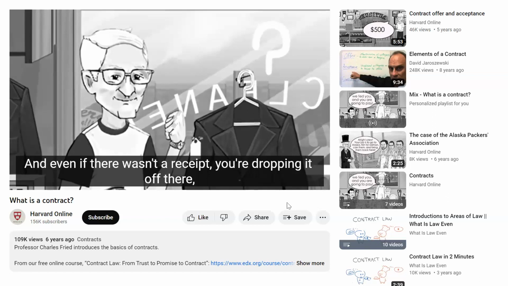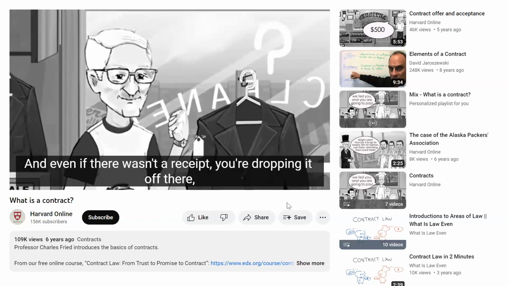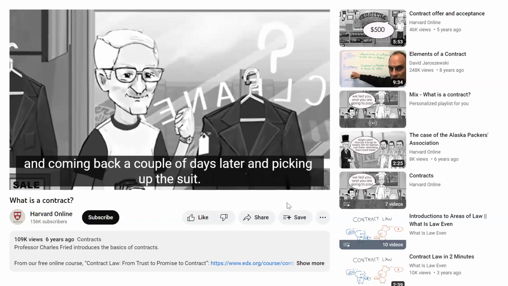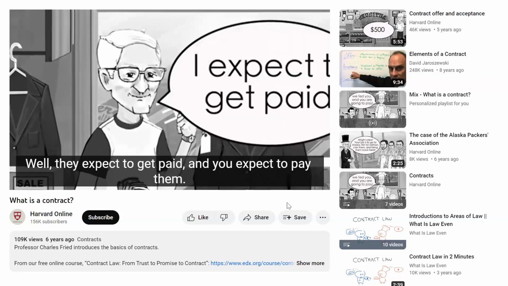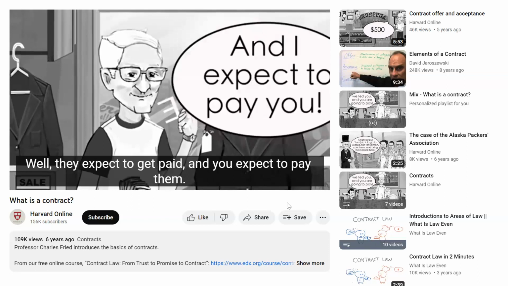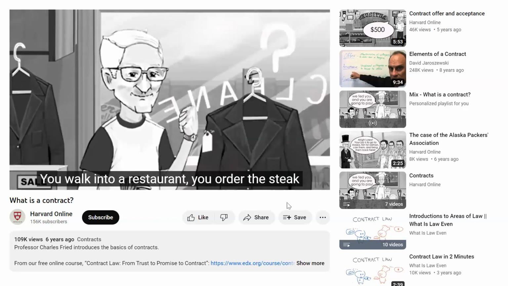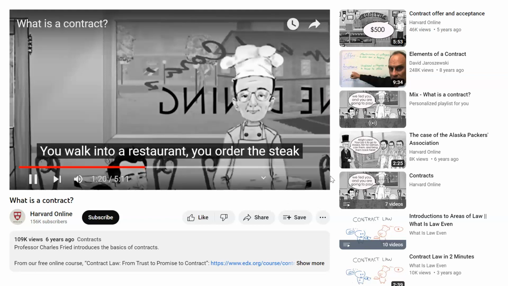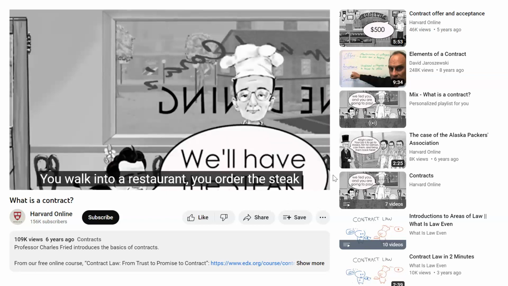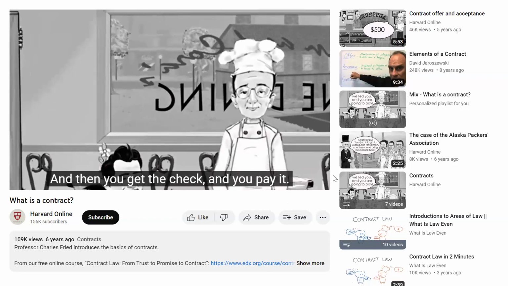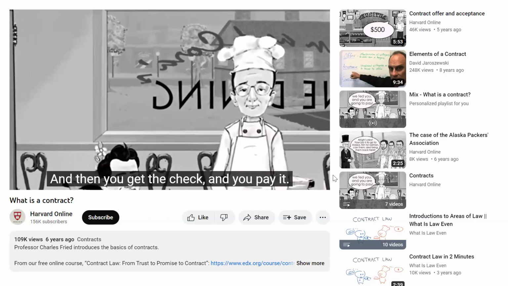And even if there wasn't a receipt, you're dropping it off there and coming back a couple of days later and picking up the suit. Well, they expect to get paid, and you expect to pay them. That's a contract. You walk into a restaurant. You order the steak and chips and everything else, and then you get the check and you pay it.